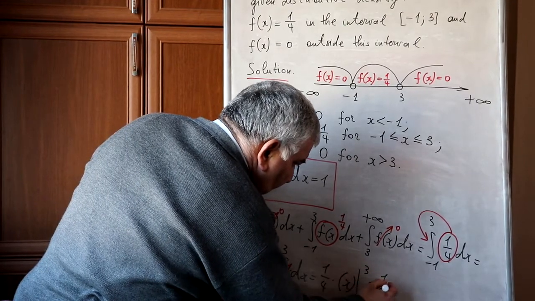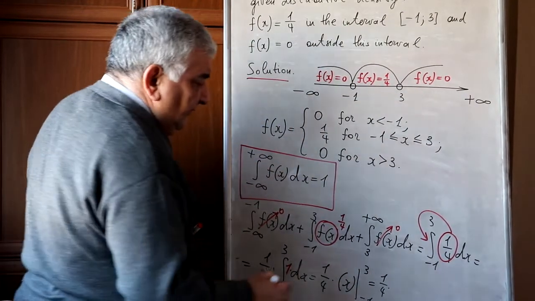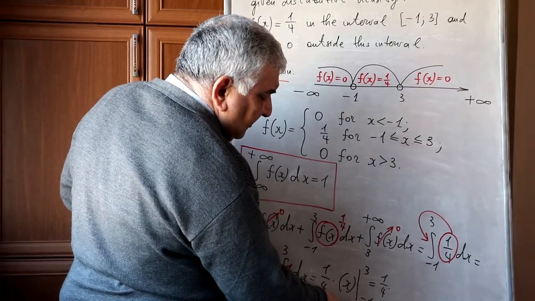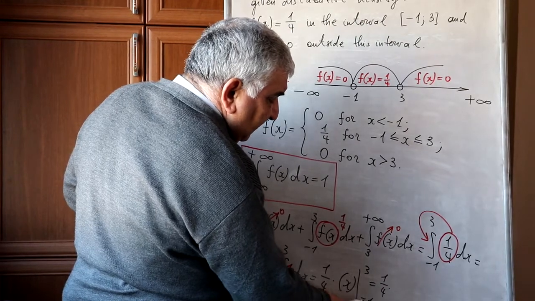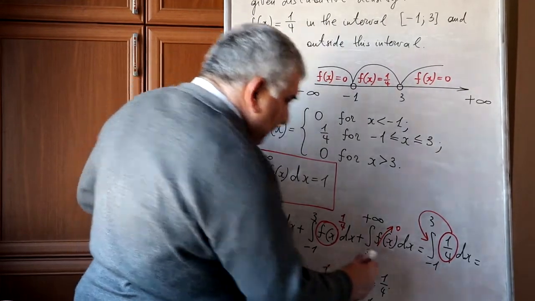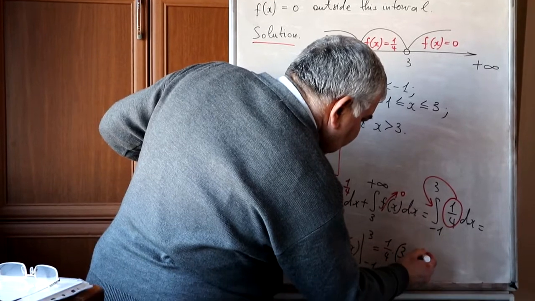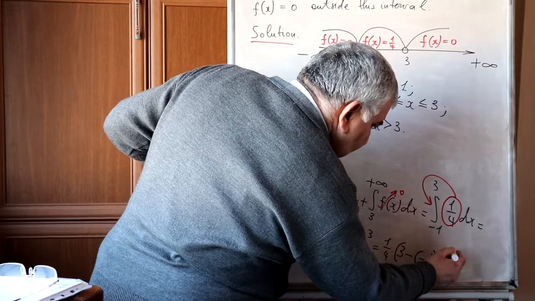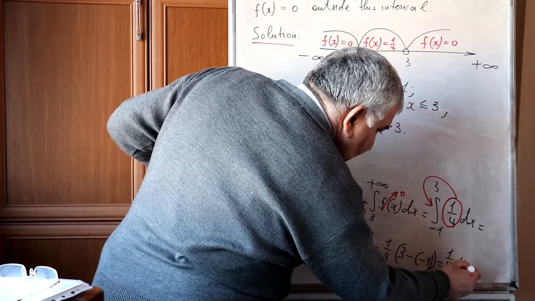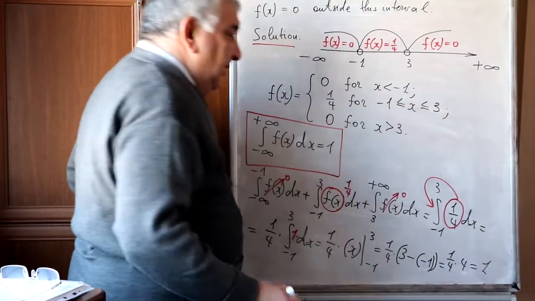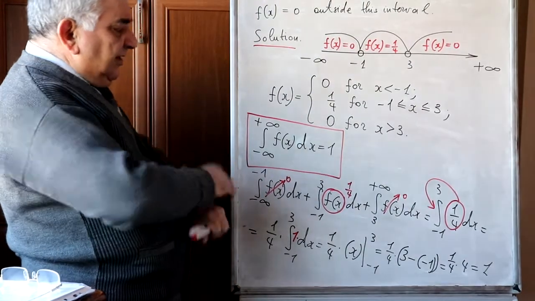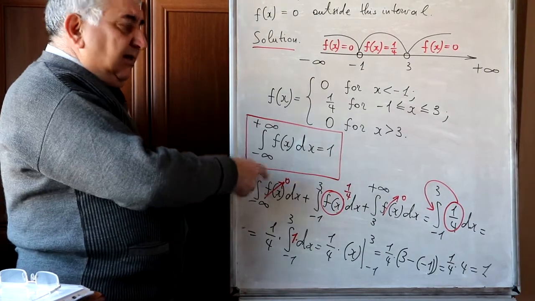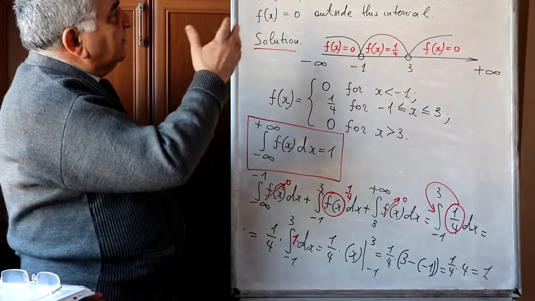Then 1/4 multiplied by, first substitute 3 instead of x, then minus, substitute negative 1 instead of x: 3 minus negative 1 equals 1/4 multiplied by 4 is unit. Thus, we verified the main probability equality for the continuous random variable.